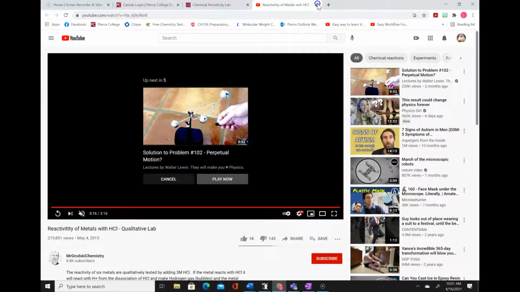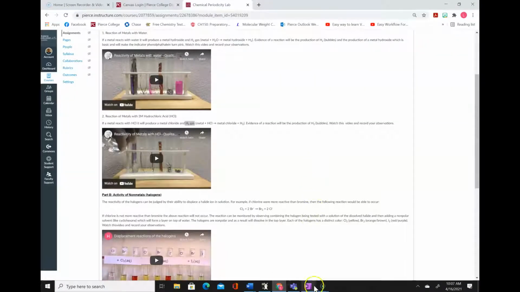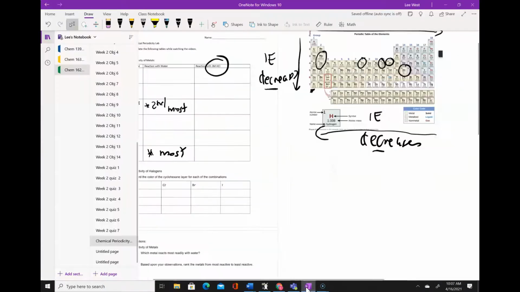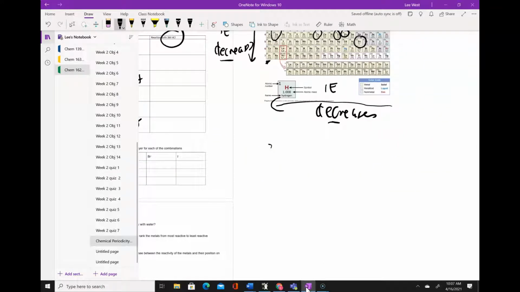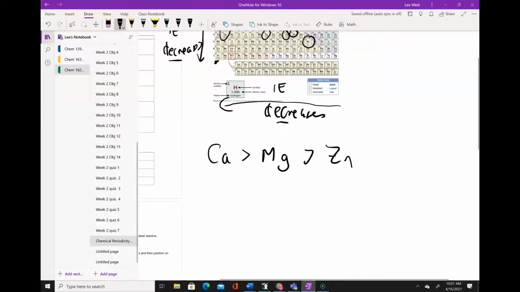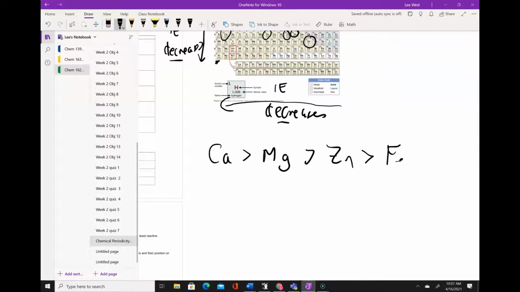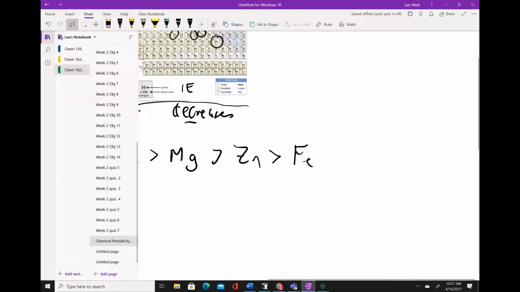All right. Cool. So I think the reactivity order was calcium was more reactive than magnesium, which was more reactive than zinc, which was more reactive than iron, and then who knows about the tin and the copper, we don't know. But you know what?